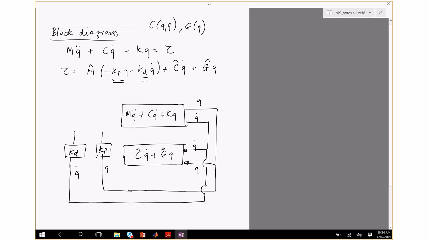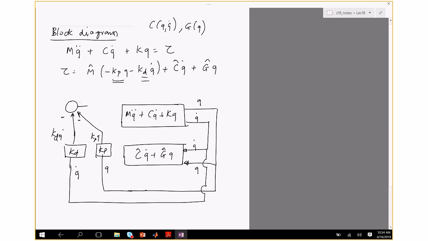Okay, so this is fed with negative feedback. I also need to multiply, so this will just be kd q dot, kp q.